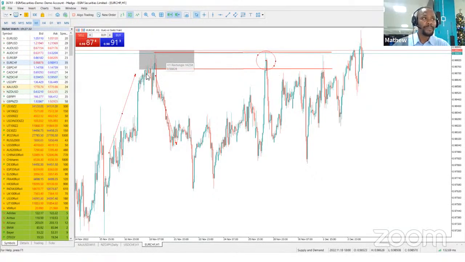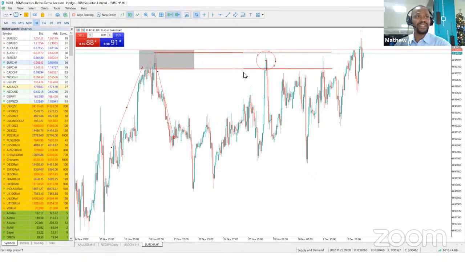Once you look left, look at the structure of a rally, like you've seen the case here. Do you have a rally? And then we have a base where the price is pivoting or reversing, and then we have a downward move or a drop.